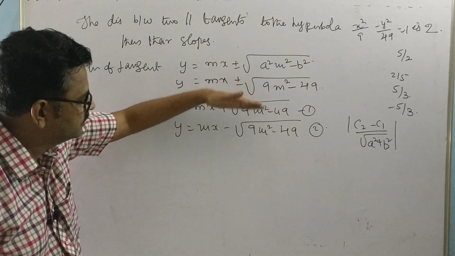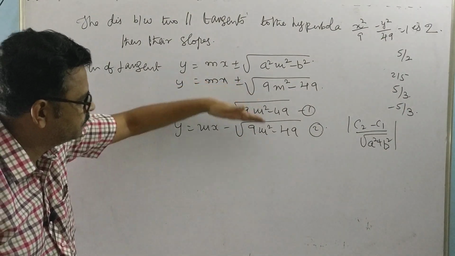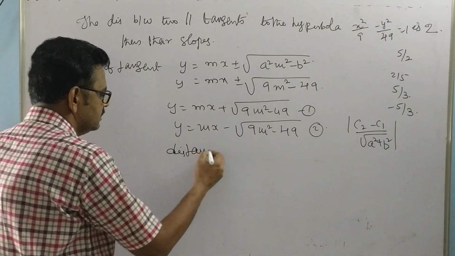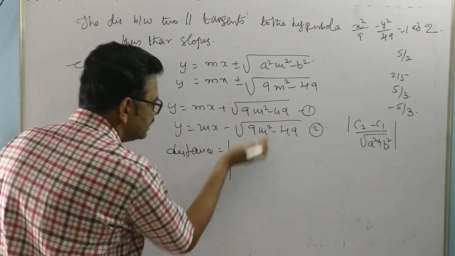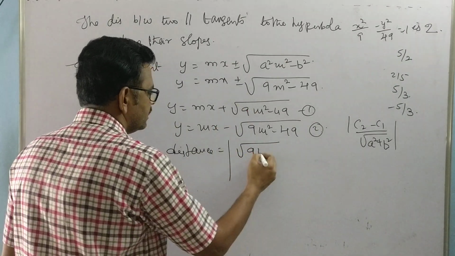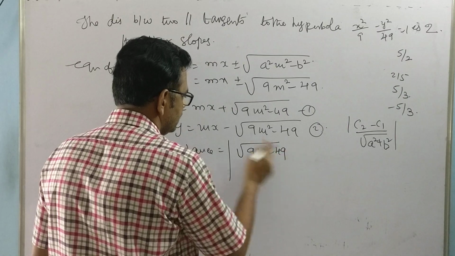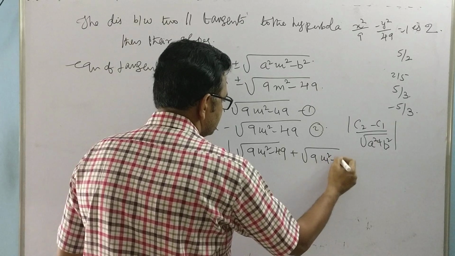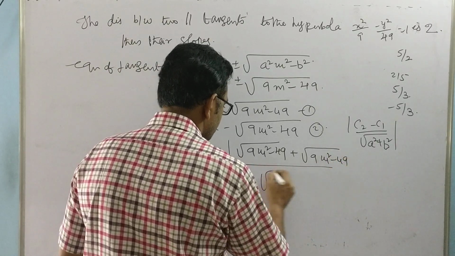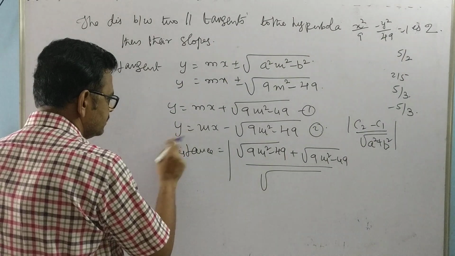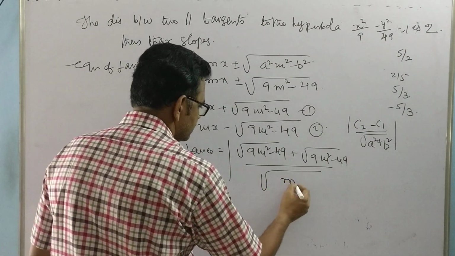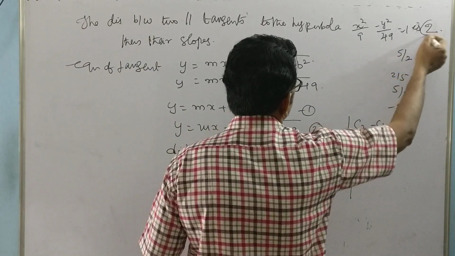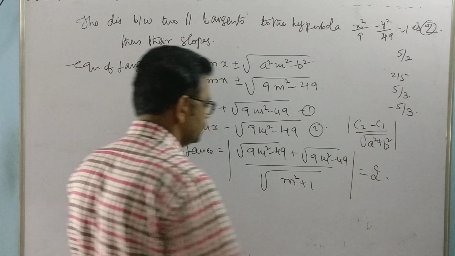So the distance is the mod of c2 minus c1, that is root of 9m square minus 49 minus minus root of 9m square minus 49, by root of m square plus 1, and this is given as 2.